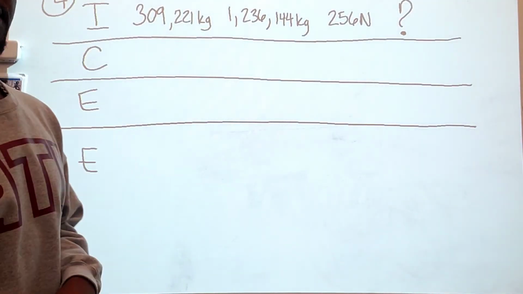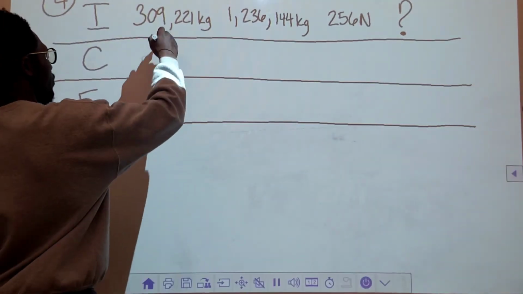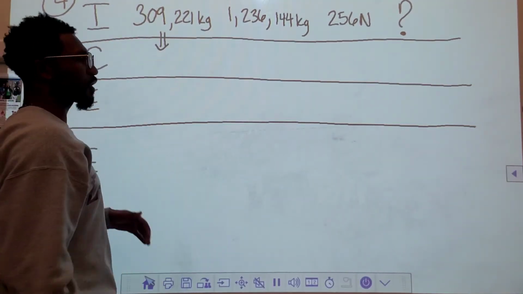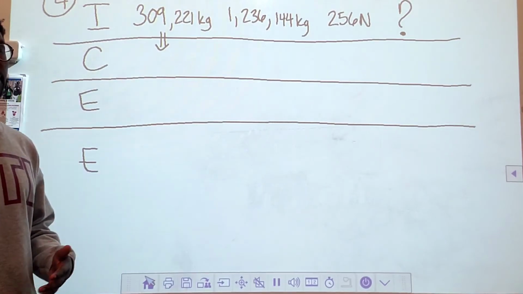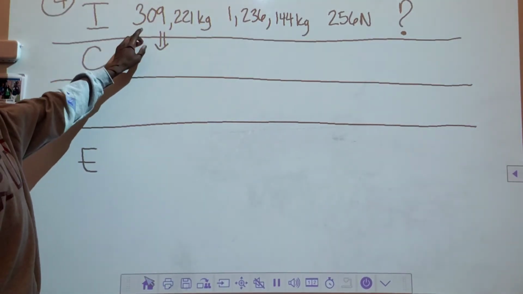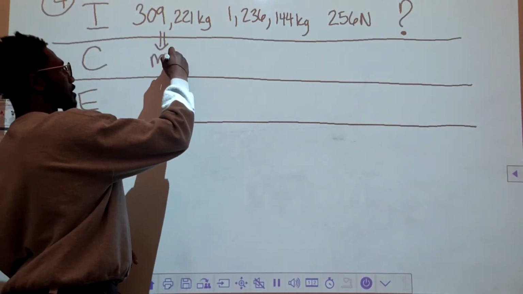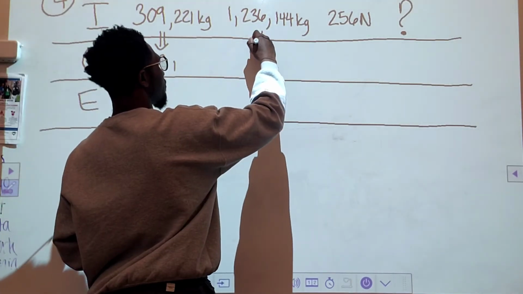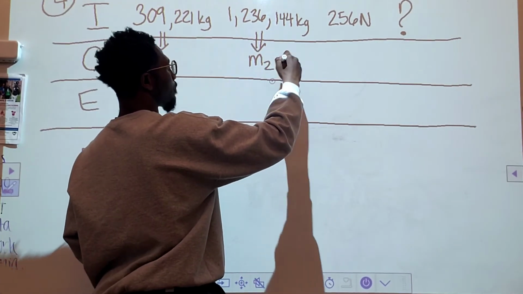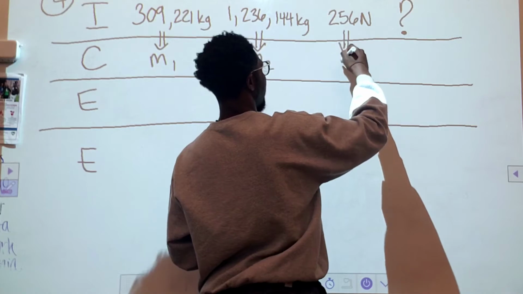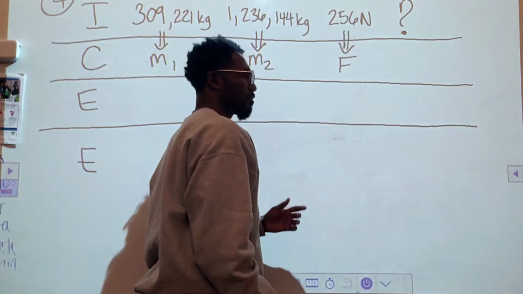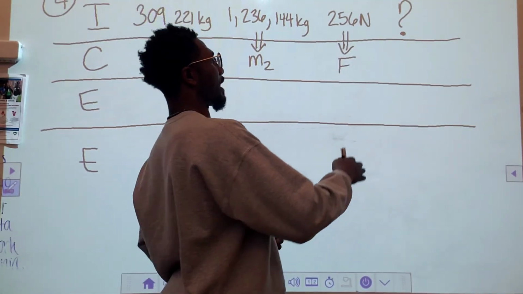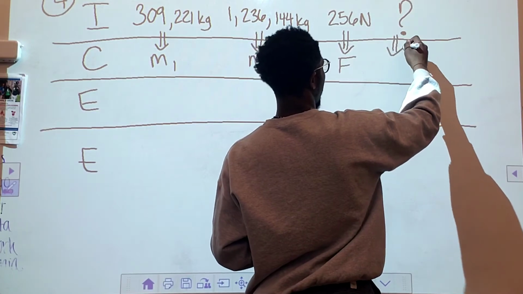Now we're gonna do the categorize step. So again, you read the problem to figure out what each measurement is. The problem tells us this number is the mass of object 1. This number is the mass of object 2. This number is the gravitational force between the objects, so that's F. And it asks us how far apart are the objects.